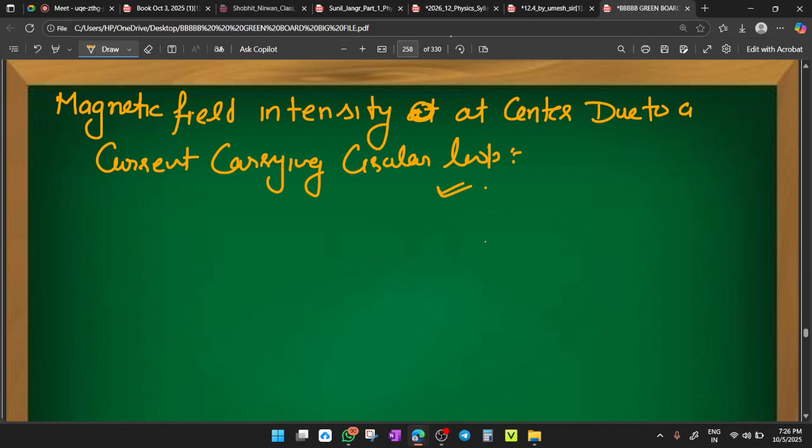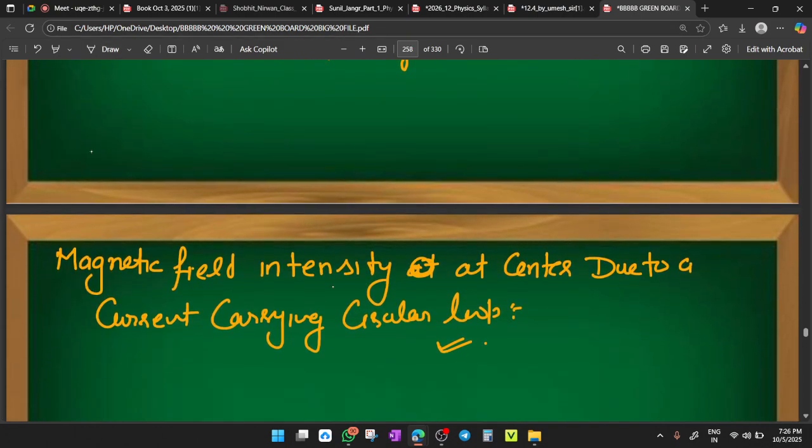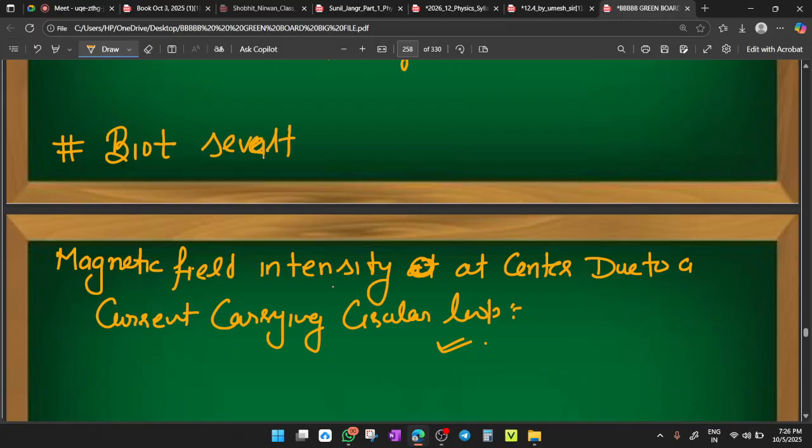We have developed the Biot-Savart law, and its application is to calculate the magnetic field intensity due to various current geometries.